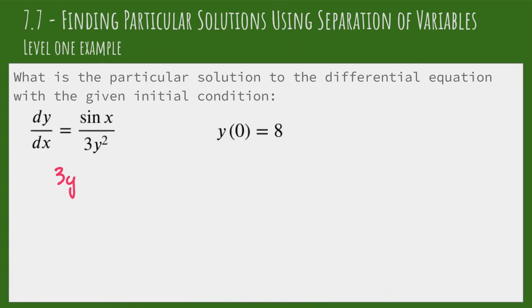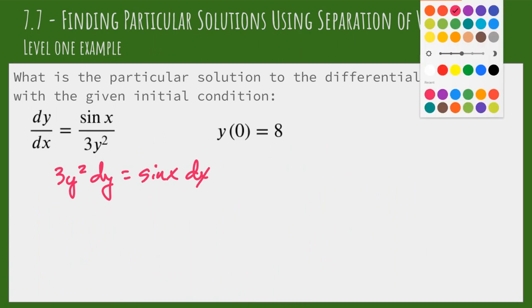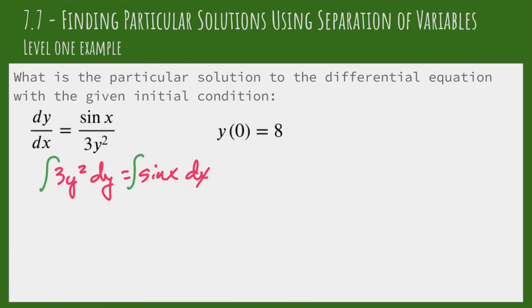Okay, separate variables. 3y squared dy equals sine of x dx. Take the antiderivative of both sides. y cubed is equal to negative cosine of x plus c. I'm going to go ahead and plug in my initial condition here.